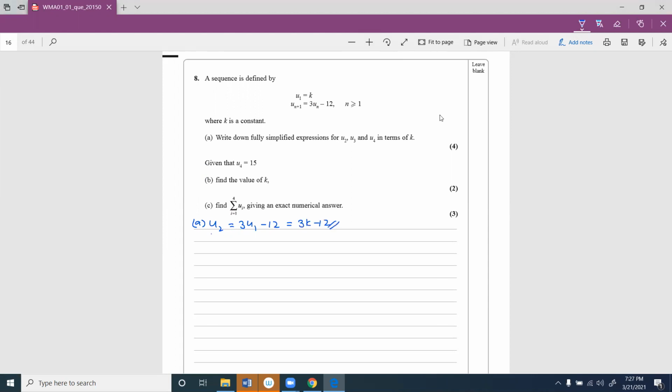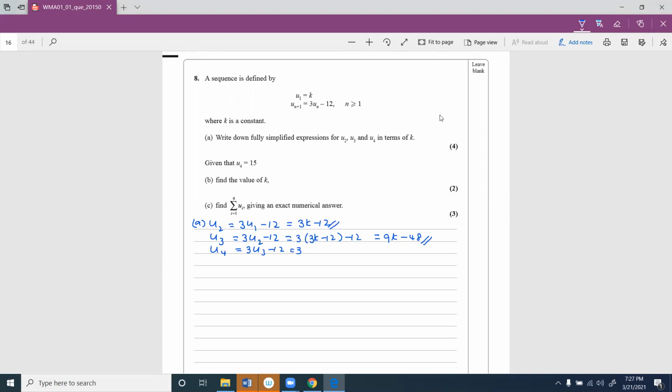Then to find u3, that is 3 times u2 minus 12. 3 times u2, we know u2 is 3k minus 12, minus 12, which turns into 9k minus 36 minus 12, that is 9k minus 48. Then u4 is equal to 3 times u3 minus 12.